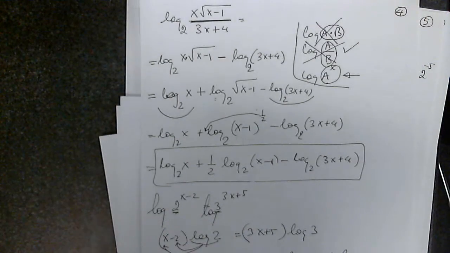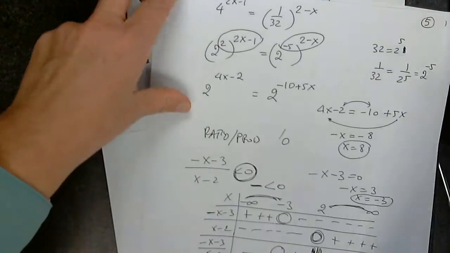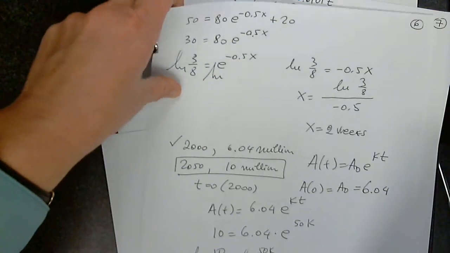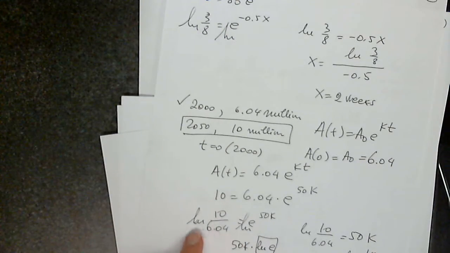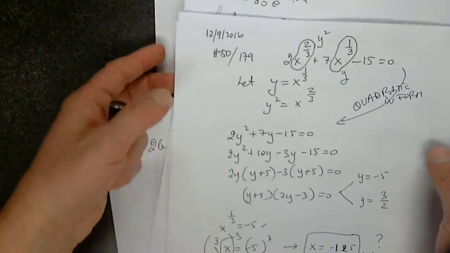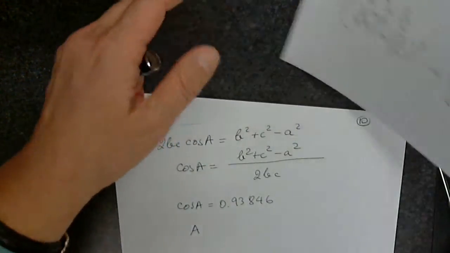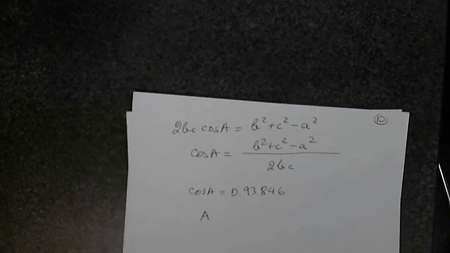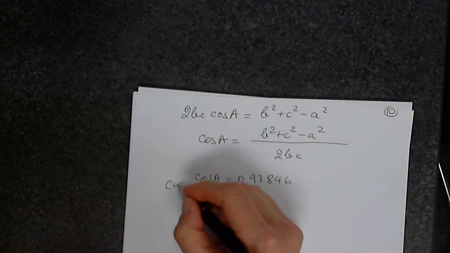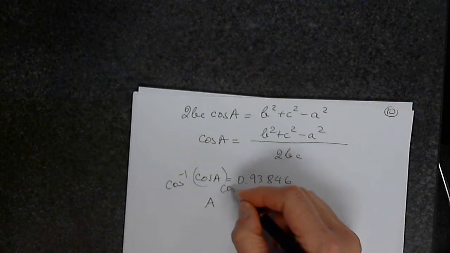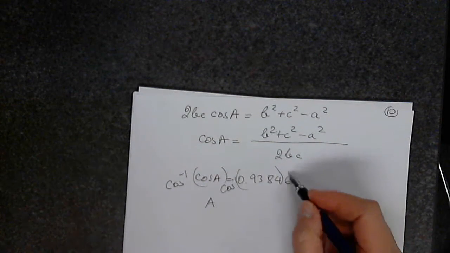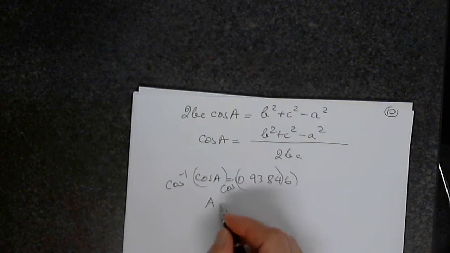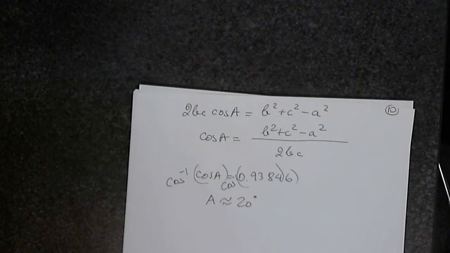And where else do we apply the inverse function? Here as well, I apply the inverse function to e to the x to solve the equation. And when I applied cosine inverse to both sides, I got approximately 20 degrees.